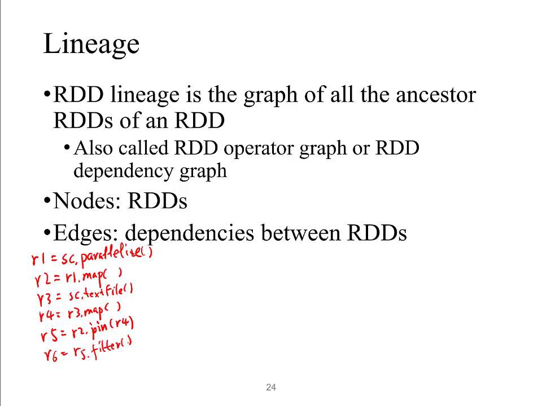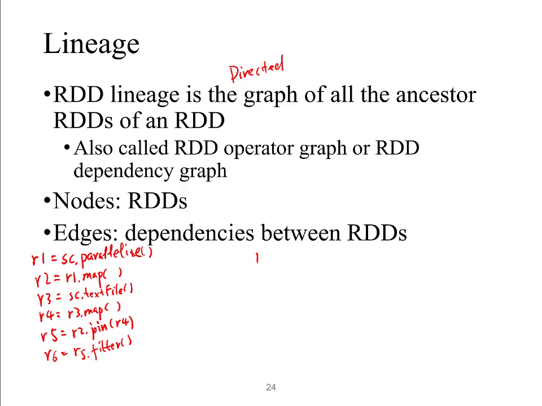In this case, we do have the relationship between all these RDDs. If we draw the graph here, the nodes of the graph are RDDs, and the edges are the dependencies between RDDs. The graph should be directed, because the dependency has a direction, from parents to child.